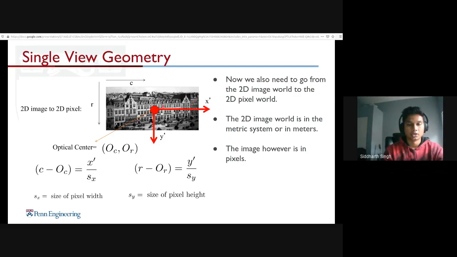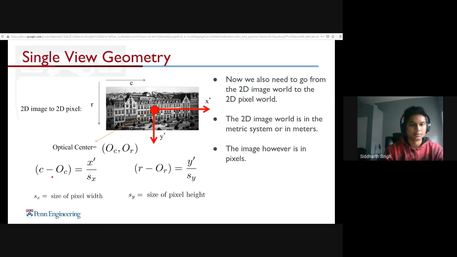Then we also need to take care of the optical center, because images, if you have worked with images in Python or C++ or in computer vision, are essentially matrices, and with matrices we begin counting from the top left corner, which is 0 0, and then go column wise and row wise. So the columns go towards the right, the rows to the bottom, and the optical center, however, will lie in the center of this matrix. So we need to take care of that.